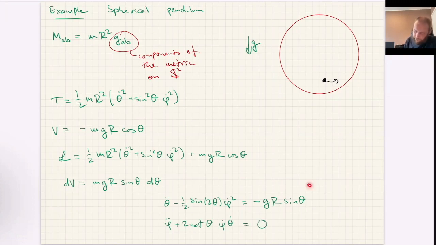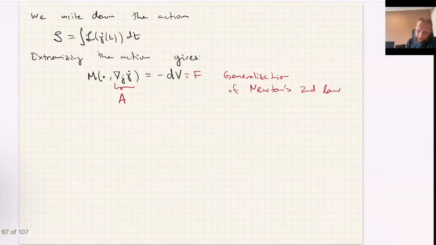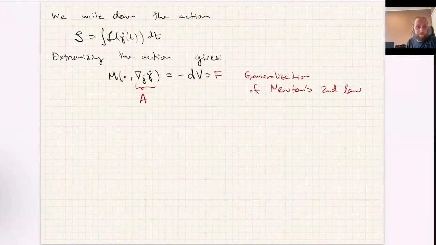So this would be the component in the theta direction, and this is the component in the phi direction. These terms arise because of the Christoffel symbols appearing in this derivative.